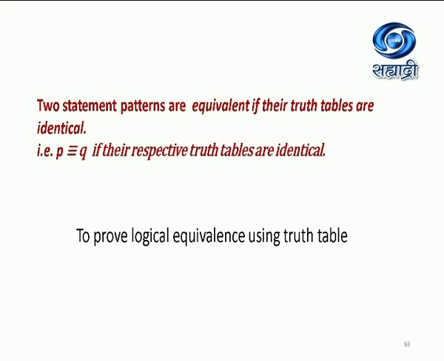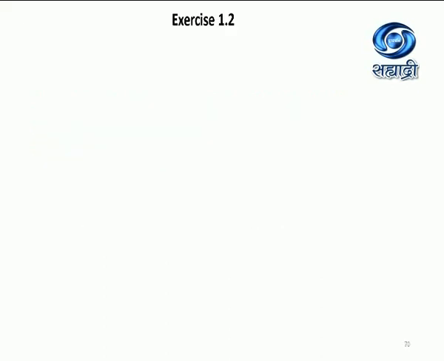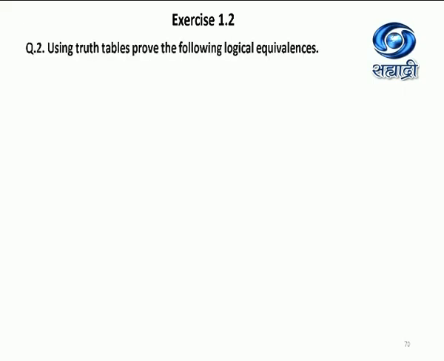Logical equivalence can also be proved without using the truth table, but that part we will see later on. So right now we will concentrate on proving the logical equivalence using truth tables, for which I have taken an example from exercise 1.2.